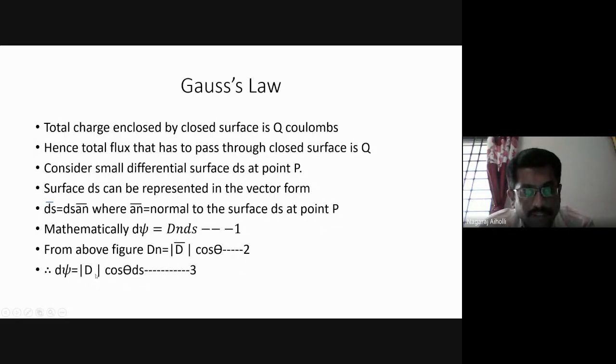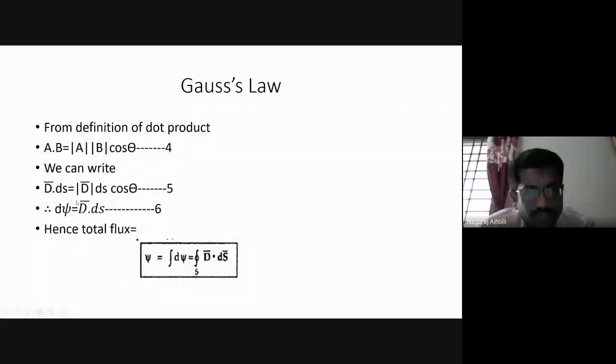Am I right? D bar dot ds. D bar vector dot ds vector is nothing but magnitude of D bar vector into magnitude of ds vector into cosine of the angle theta between D bar and ds. Correct? Therefore, I am writing here D bar dot ds is equal to magnitude of D vector into magnitude of ds vector into cosine of the angle theta, because it is as good as A dot B is equal to magnitude of A into magnitude of B into cosine of angle theta.